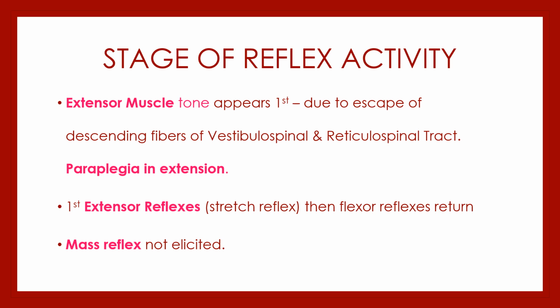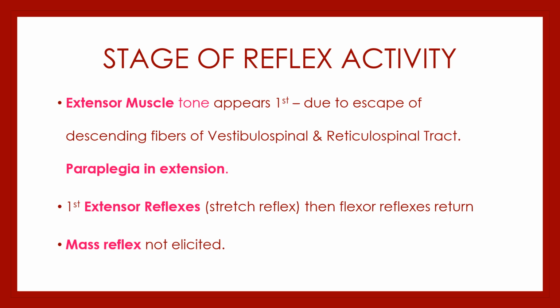Here the tone first appears in the extensor muscle, whereas in the complete transection it appears in the flexor muscle. This is because some of the descending fibers in the lateral column, especially the vestibulospinal and the reticulospinal tracts, escape the injury.